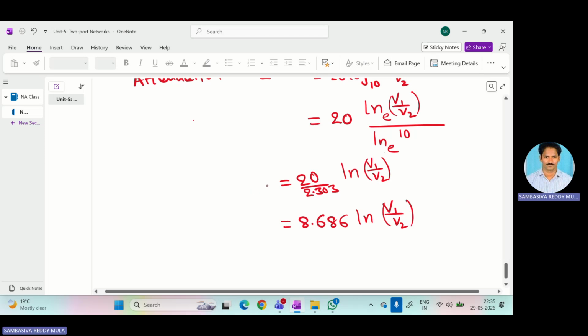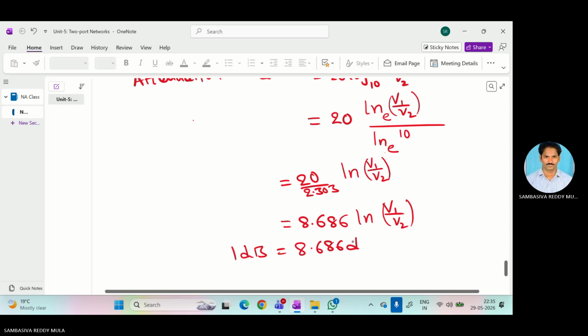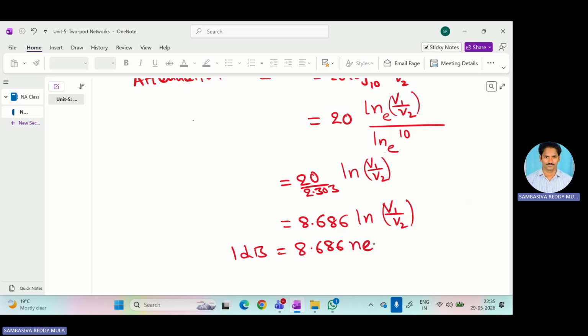So attenuation in dB and attenuation in Nepers are related. We can write this as 1 Neper equal to 8.686 dB. Sorry, 1 Neper equals 8.686 dB.